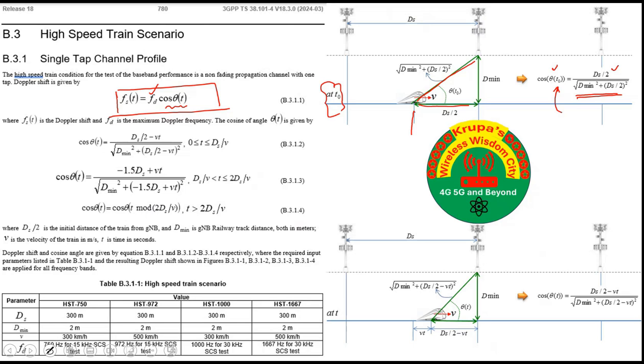That's why I didn't add anything complicated, because this distance is Ds by 2 as I begin. This is my t equal to 0 point. You are at this point. Next, let's go to cos theta t. This equation, let's derive it. This is a little complicated. Do you notice this here?